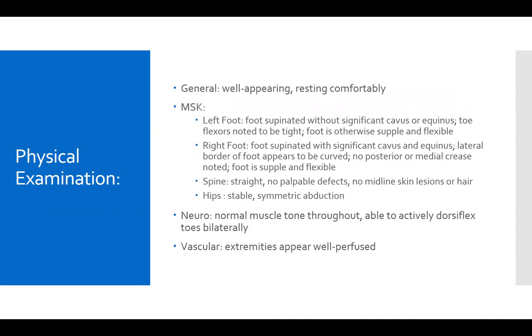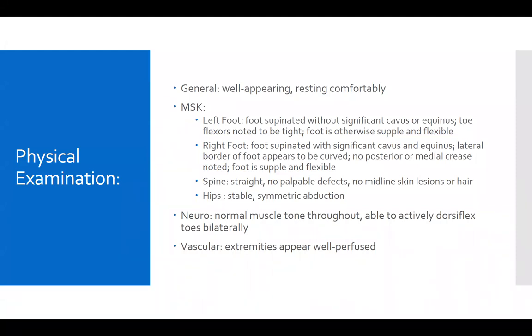So generally on physical exam, the patient appeared to be well appearing, resting comfortably. On musculoskeletal exam, of note on his left foot, he was noted to be supinated without any significant cavus or equinus deformity, and his toe flexors were noted to be tight, and otherwise his foot was supple and flexible. On his right foot, his foot was supinated with significant cavus and equinus deformity.